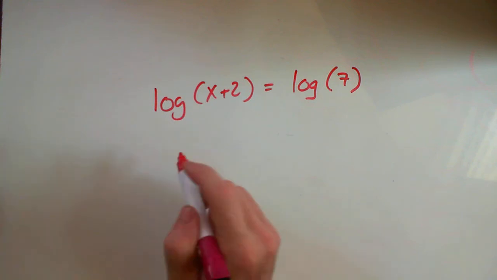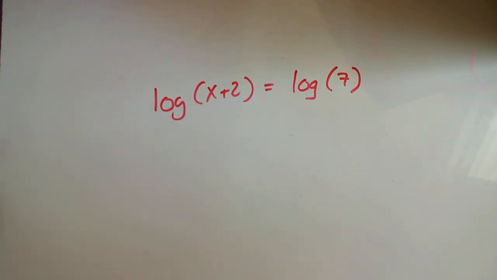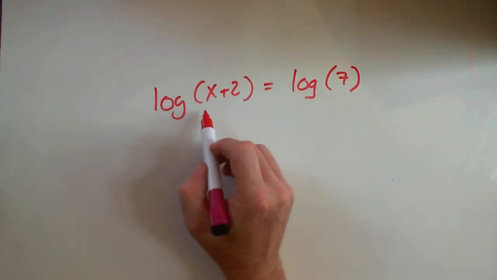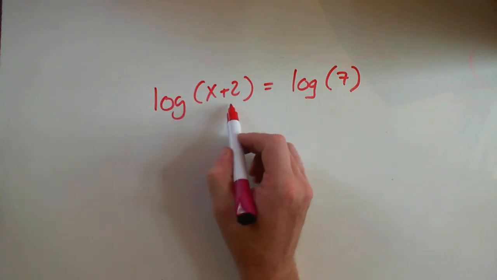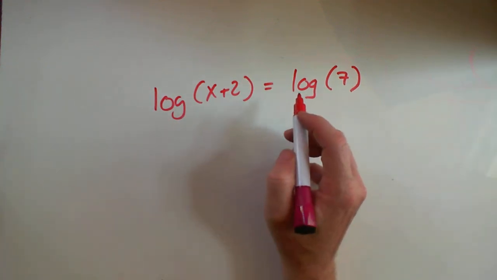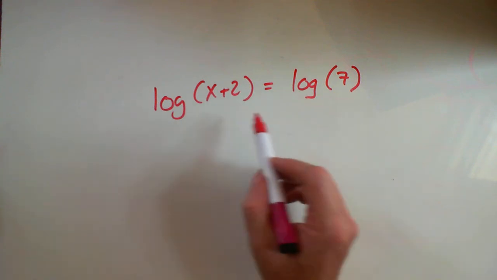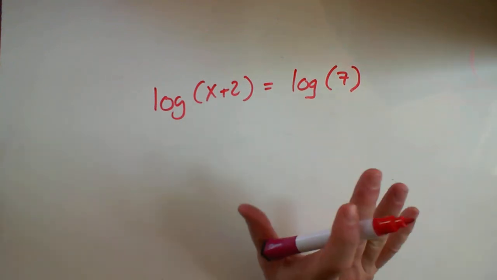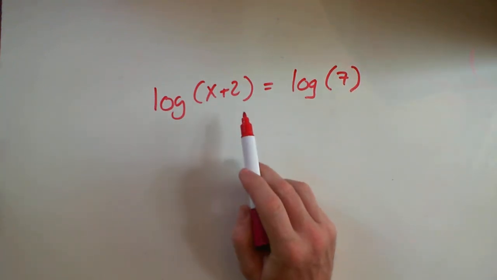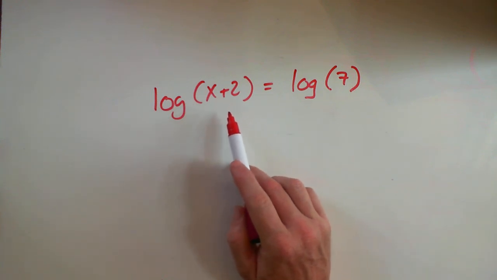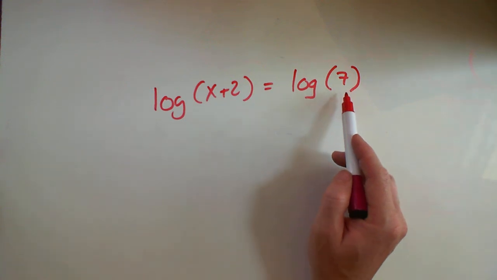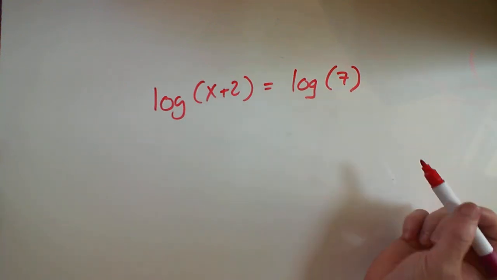So if you have the same logarithm on both sides, this is a pretty simple problem. If log base 10 of x plus 2 equals log base 10 of 7, we are not canceling the logarithms, but we can drop the logarithms. Because a logarithm is a one-to-one function, the interior of one would have to equal the interior of the other.